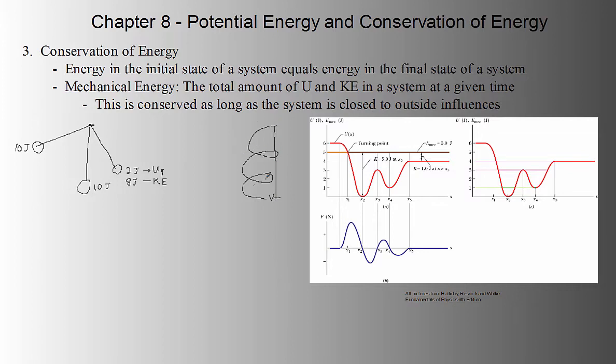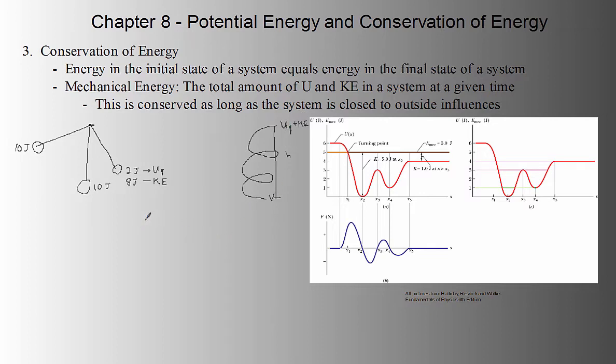None of this sideways motion matters. With that height, you can figure out your gravitational potential energy up here. Even if you don't start at rest and have some kinetic energy up here, that's still your total mechanical energy. That stays the same down here. So whatever you've lost in potential energy, you've gained in kinetic energy.